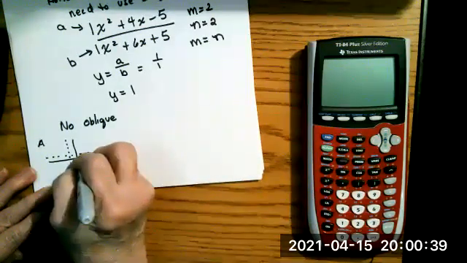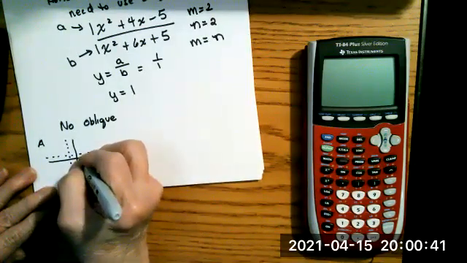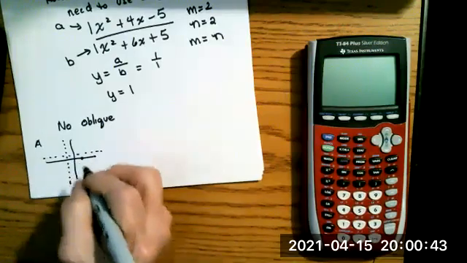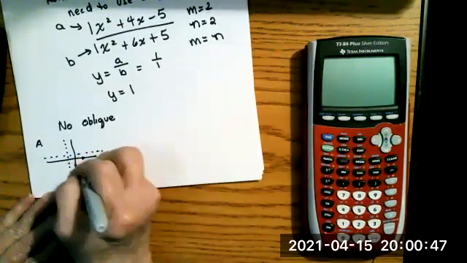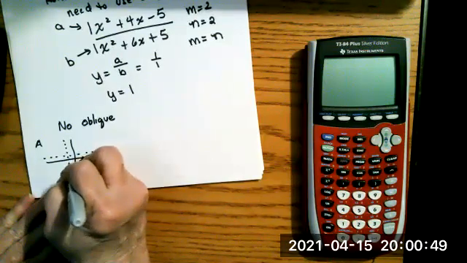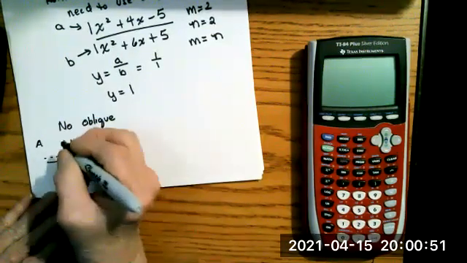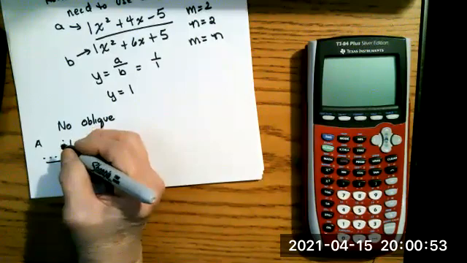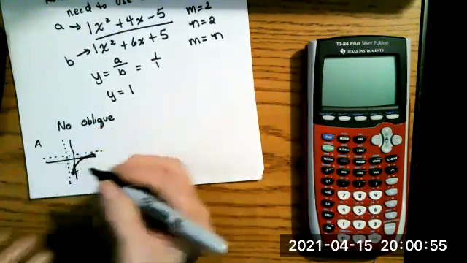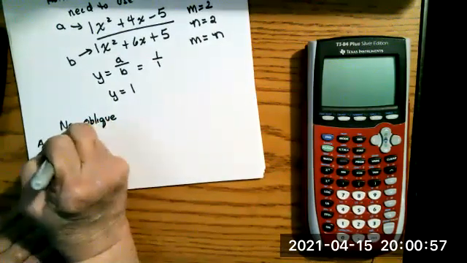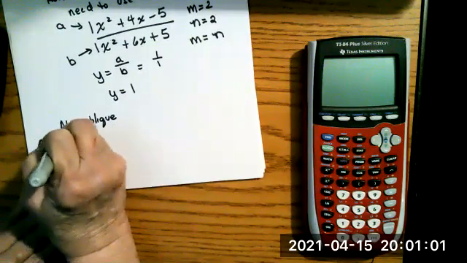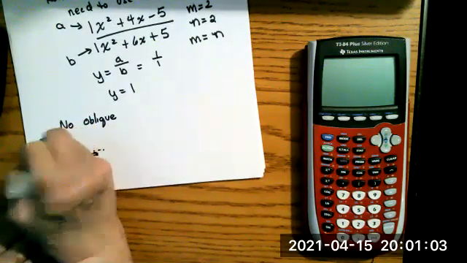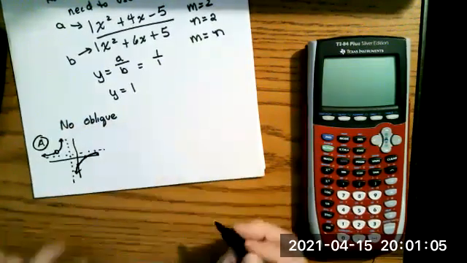It crosses at 1, 0 and 0, -1. And there's a hole in the graph. Where was our hole in the graph? At -5, 3/2.